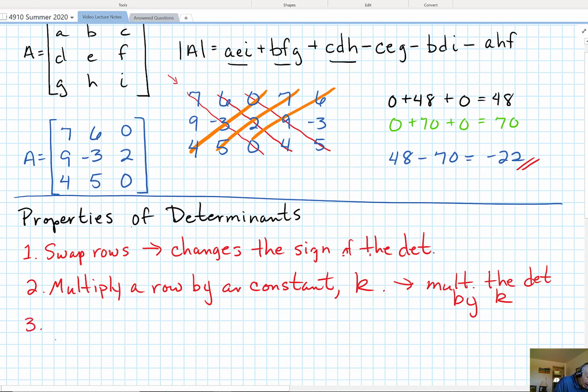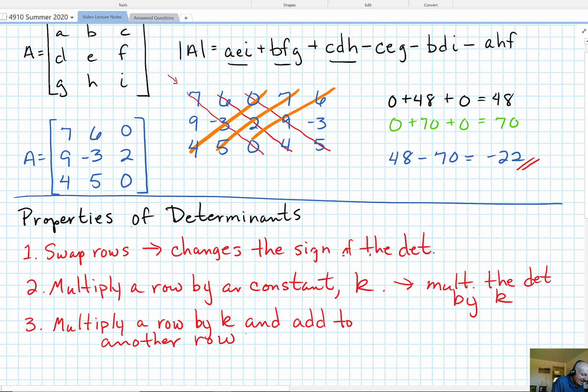Okay, our most complicated operation is to multiply a row by k and add to another row. That seems like it's the most destructive, or the one that changes things the most, right? That's the one we use all the time to eliminate things.